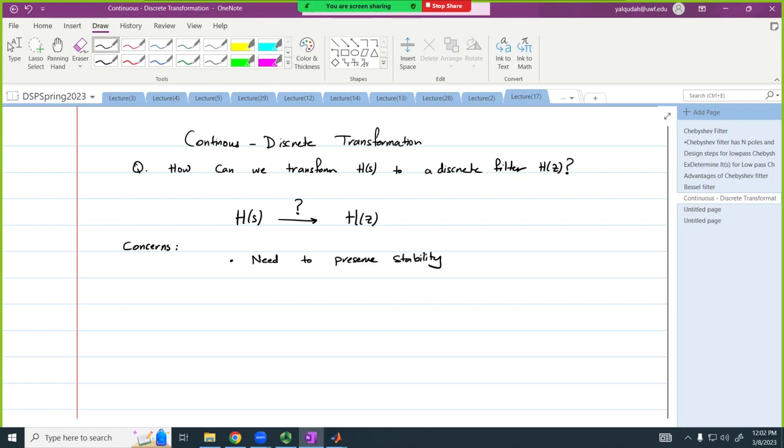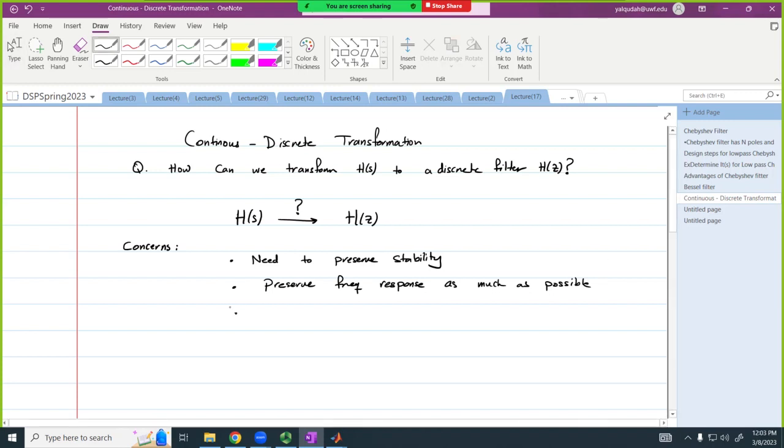So the second concern that we have is I want to preserve the frequency response as much as possible. I said as much as possible because we're going to see the frequency response is going to be impacted, but we're going to try to minimize that impact on the frequency response.